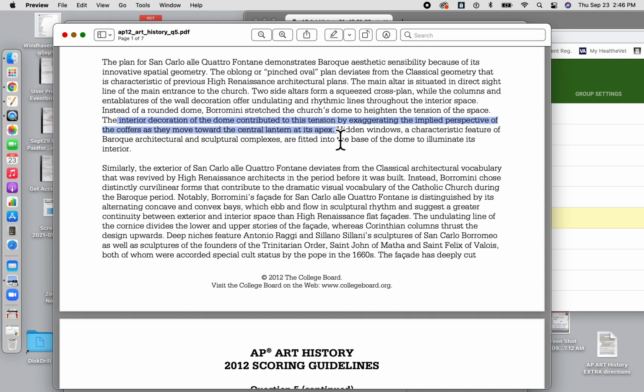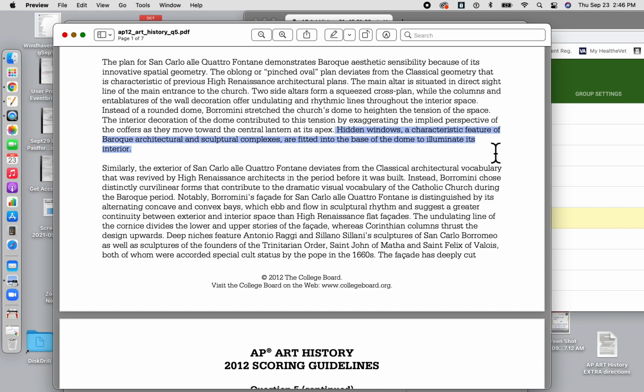So it's artificially used geometry to make it look straight visually. And so he does some of the same thing. And then we got hidden windows, which I did not know, so that's sort of cool.